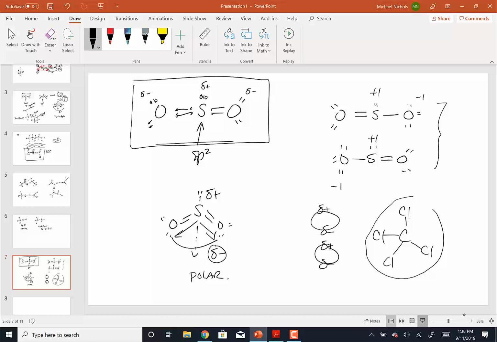And you could say, well, okay, but to be polar, you need an area of delta plus and an area of delta minus. If you only have delta minus on your surface, you're not polar. You have to have the delta plus and the delta minus, which means you have to have a net dipole moment. So you said that only if all four are exactly the same, when would it be... these separate bonds? They're not the same.